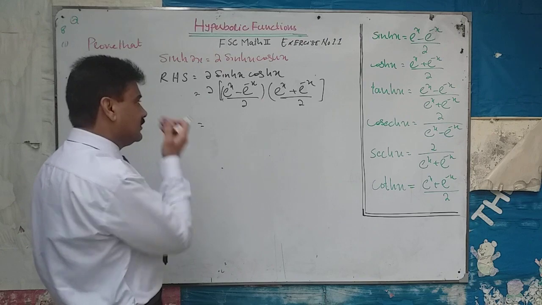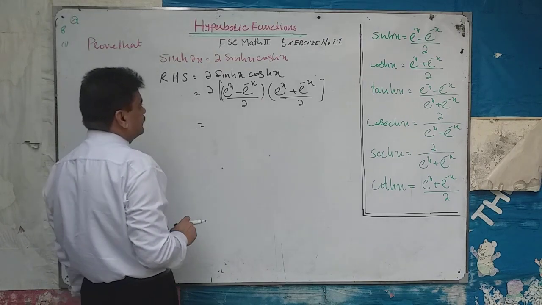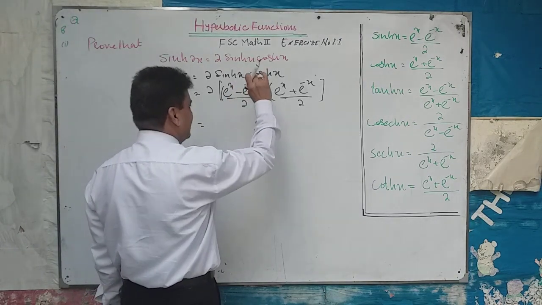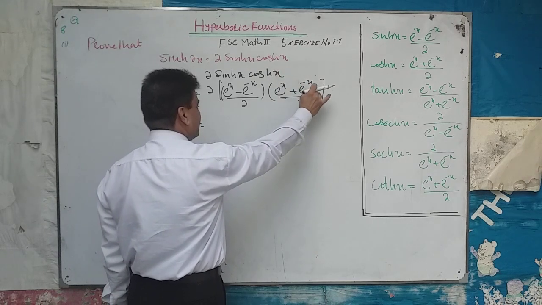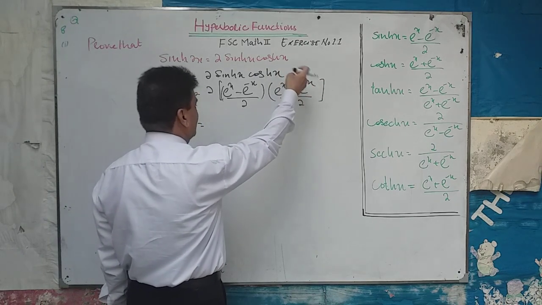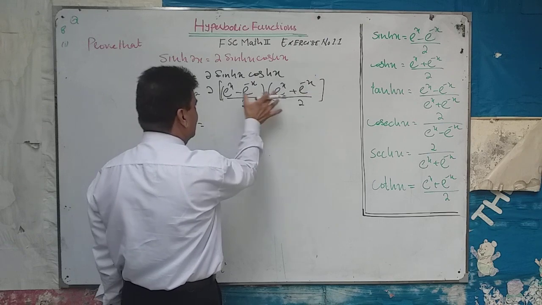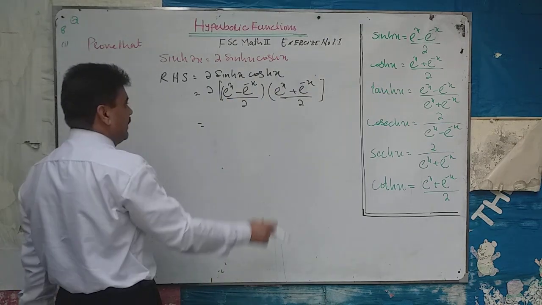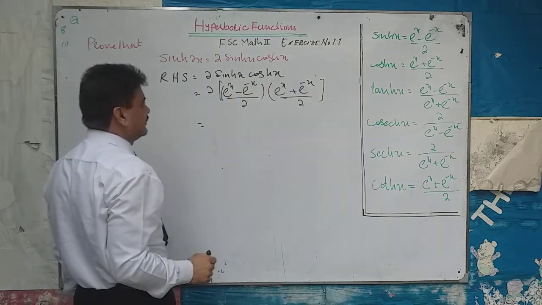After simplification, (e raised power x minus e raised power minus x) multiplied by (e raised power x plus e raised power minus x). Just as in the formula, when we multiply (x plus y) by (x minus y), we get x square minus y square.